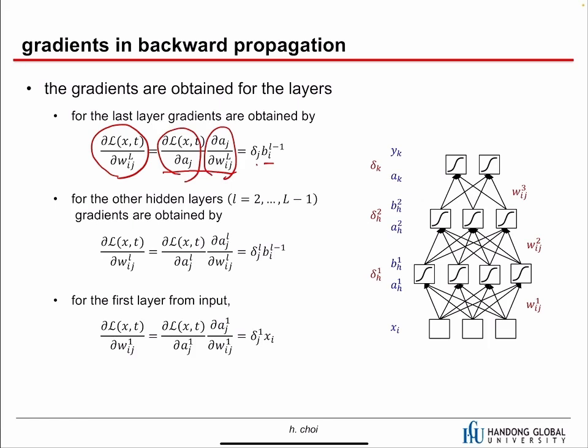For other layers, this one is decomposed into this derivative and this derivative, and this one is defined by this one, and this one is simply b sub i. And the first layer is basically the same as before. So that's it. What we need is the derivative of this loss function with respect to the parameters, and then we got this term for all the layers.